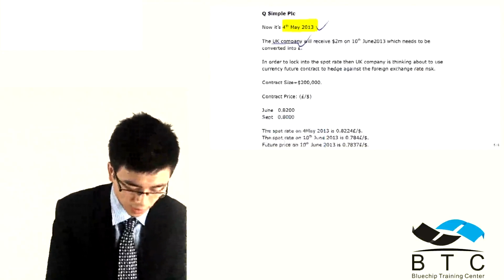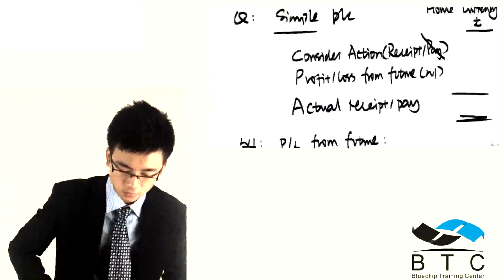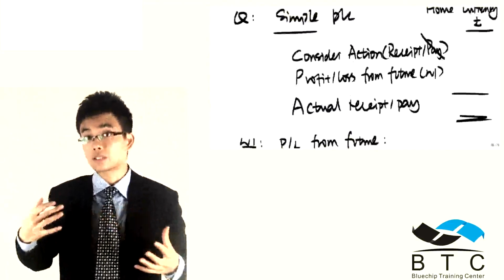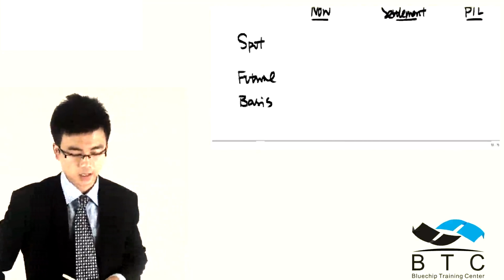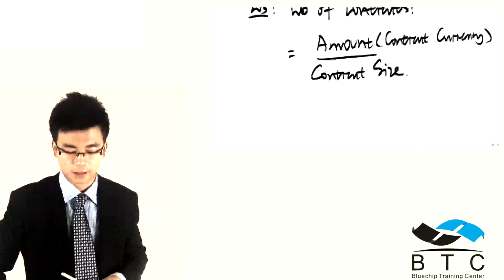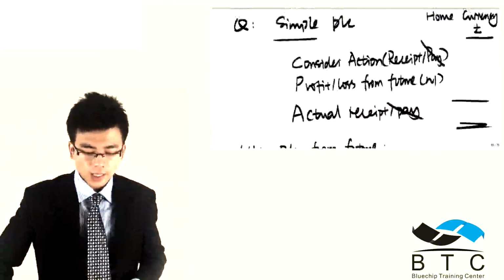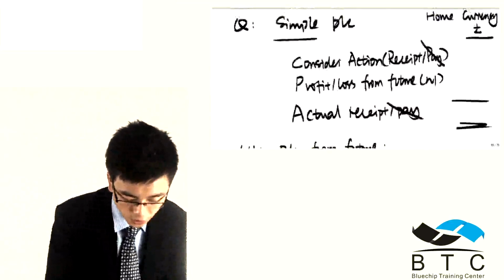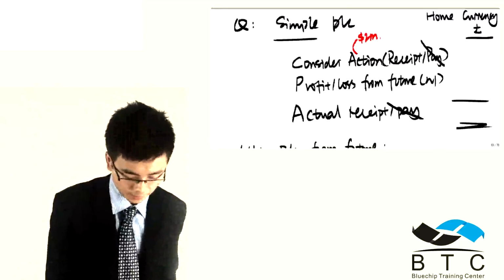So we're going to receive $2 million. So, consider the action, we're going to receive it, okay? So we are going to say this is the receipt, okay, fine. Another one will be $2 million, so write that down, $2 million over here, okay.